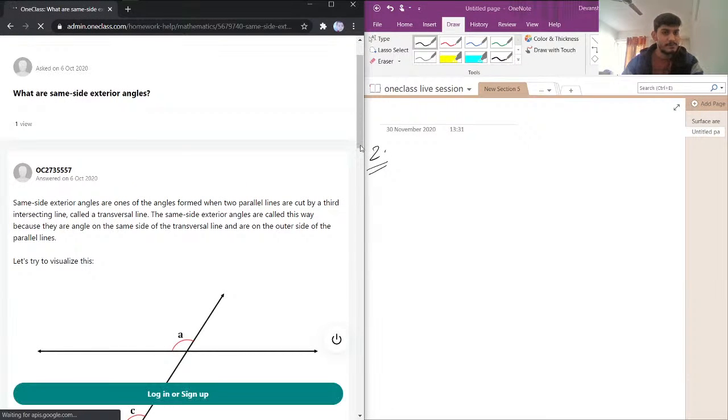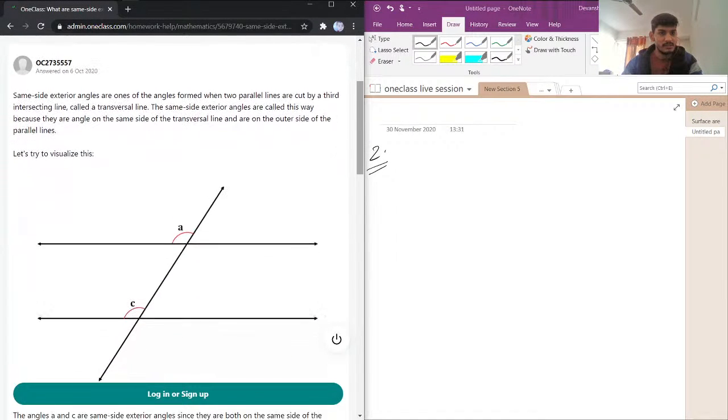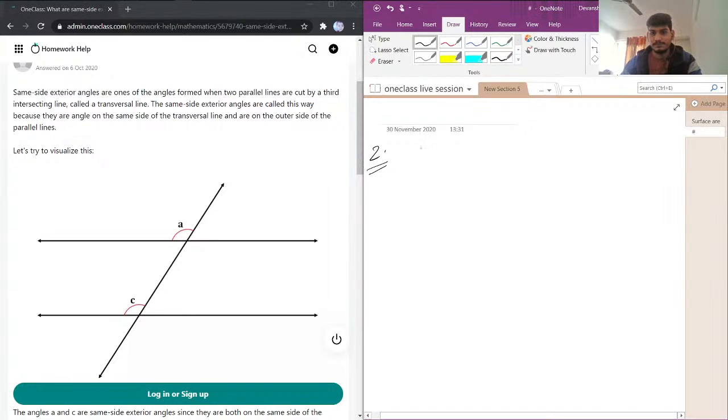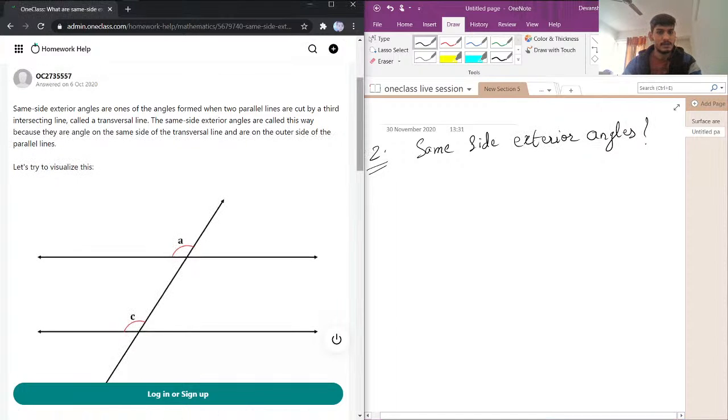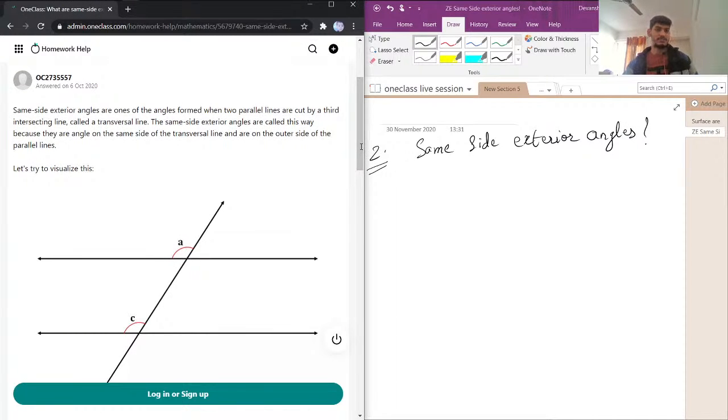What are same side exterior angles? Same side exterior angles are ones of the angles formed when two parallel lines are cut by a third intersecting line called a transversal line.